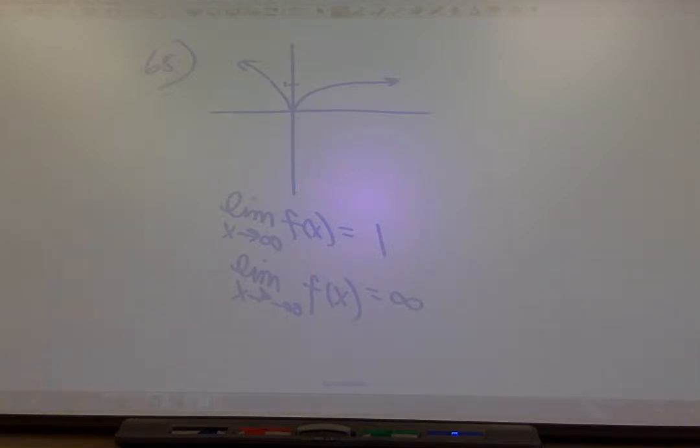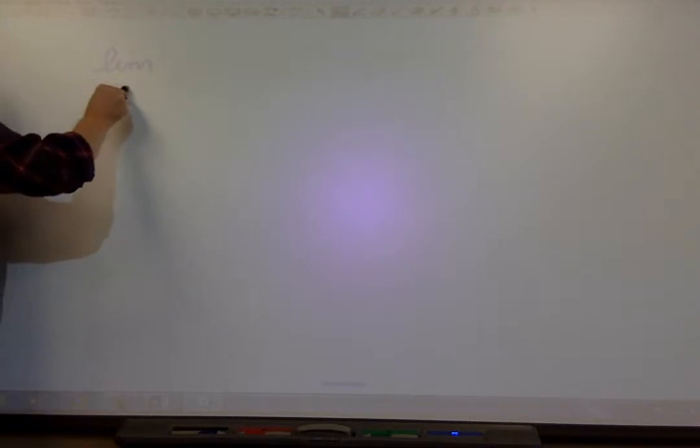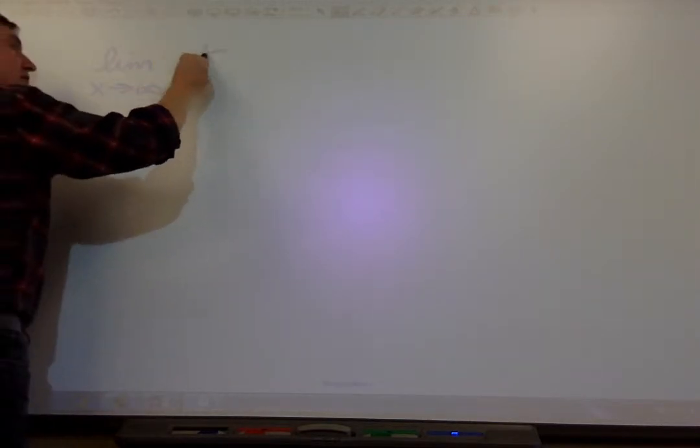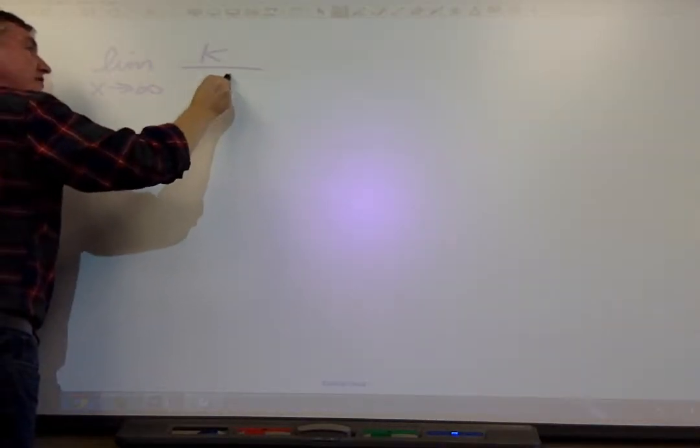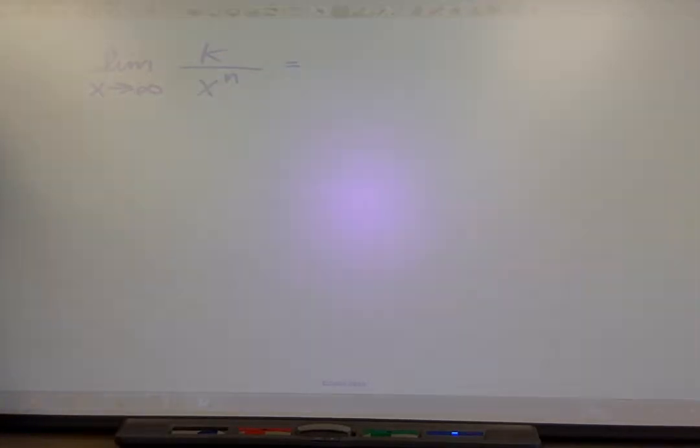Very good. Now here's the big idea that I need you to get before we can do some other problems like this with the infinities. Okay? See if this makes sense. The limit as x approaches infinity of k over x to the n, if k is a constant, what would you think that would be?